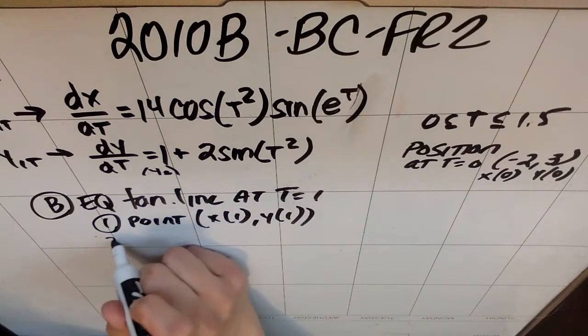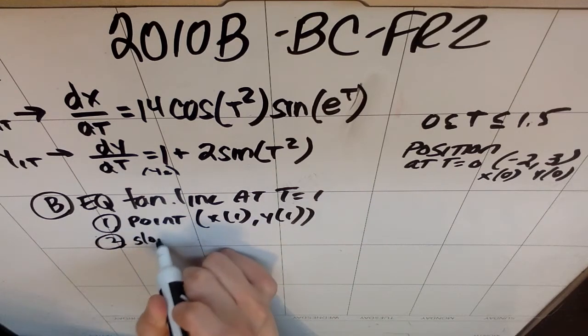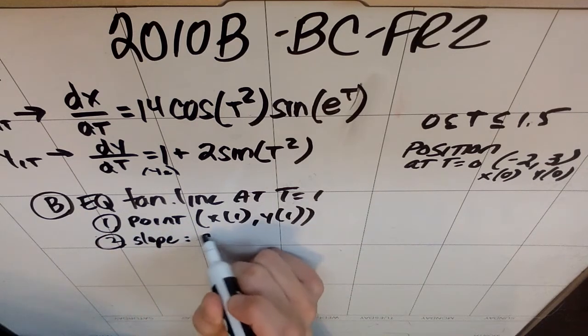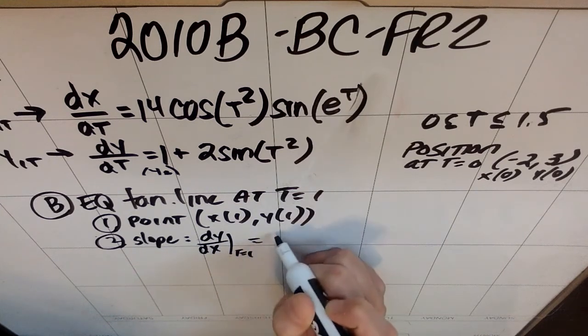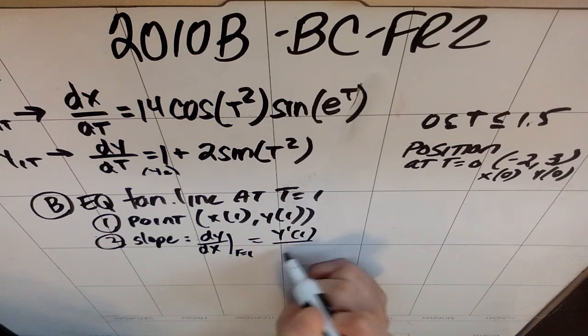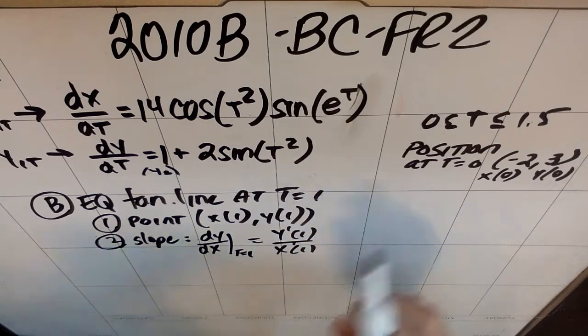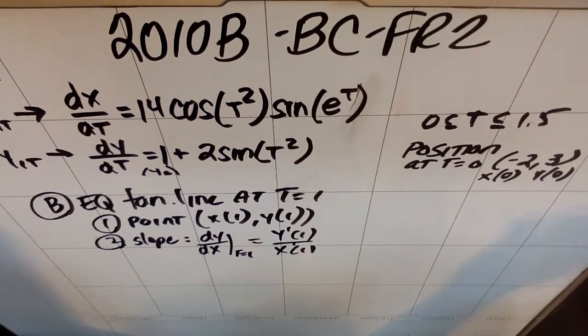The second thing I'm going to need is the slope. Well, that is going to be dy dx evaluated when t is 1, but that's the same thing as saying y prime of 1 over x prime of 1, which is really just the two values I already have evaluated at 1. So that's not awful. And that's one thing that your calculator actually can do.